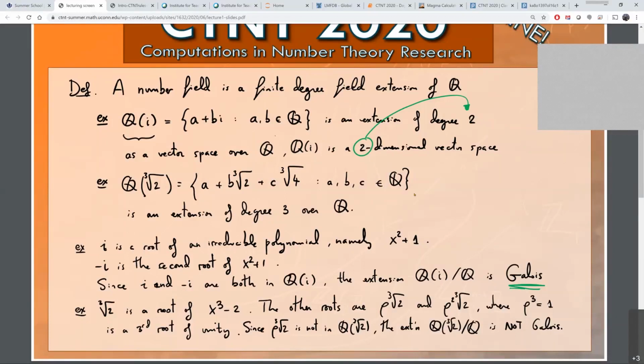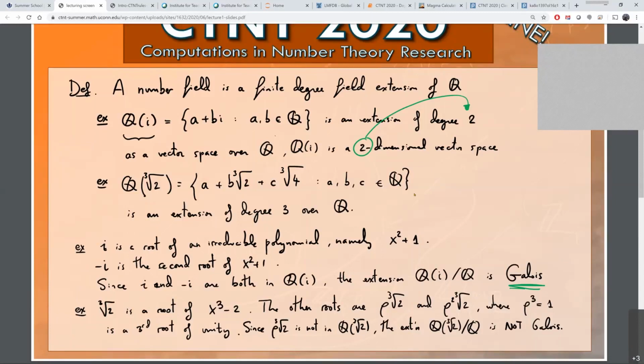I'm not going to define what a Galois extension is, but essentially we say that an extension is Galois if all the possible roots of the polynomials that define the generators of the number field are in the field itself. So here i and minus i are both in the extension, and the extension is Galois.